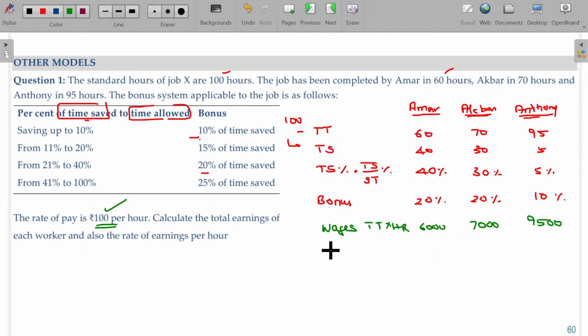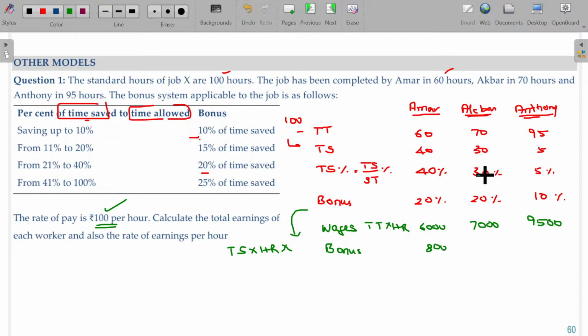Now for the bonus: time saved into hourly rate multiplied by bonus percentage. Time saved being 40 into hourly rate being 100, on that 100, 20% being 800.